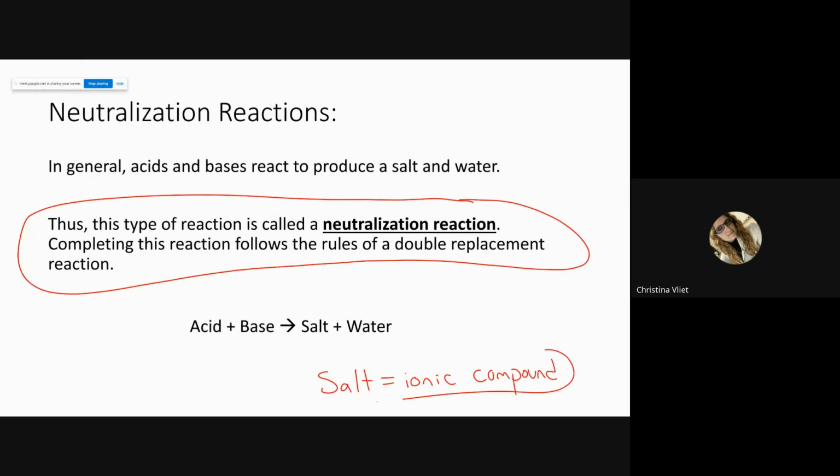So I could have said ionic compound and water, but this is how people say it. You'll get some kind of ionic compound, you'll get water. All ionic compounds are actually called salts. So make sure you're writing it down. You should write the type of reaction, what actually happens, and then what is a salt. You're mixing an acid and a base, and you're getting salt and water.